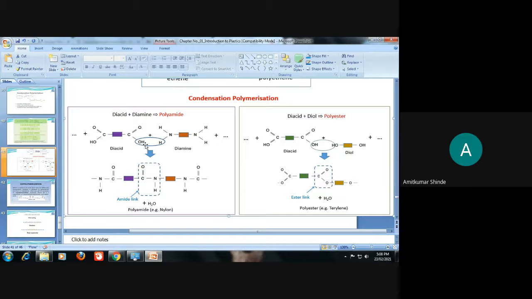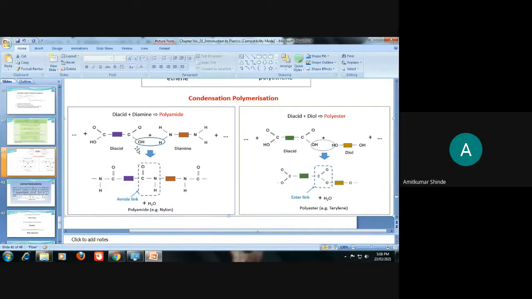Whichever functional atom is there in that particular monomer, it will get eliminated to form a byproduct, for example water. Here the functional element is OH. This OH will get eliminated from this diacid.